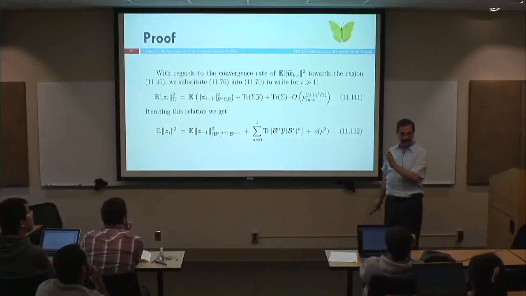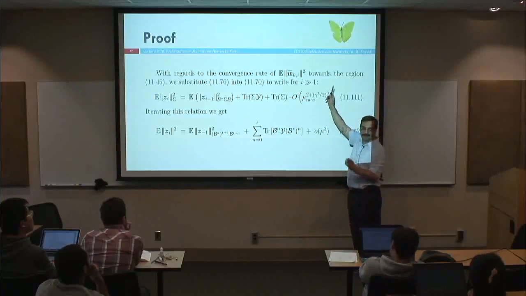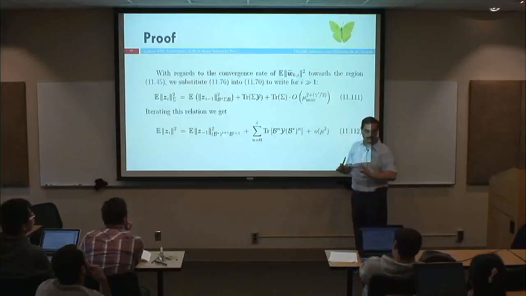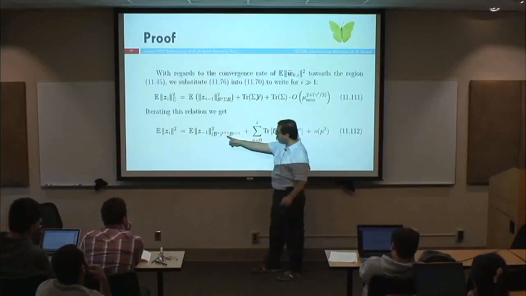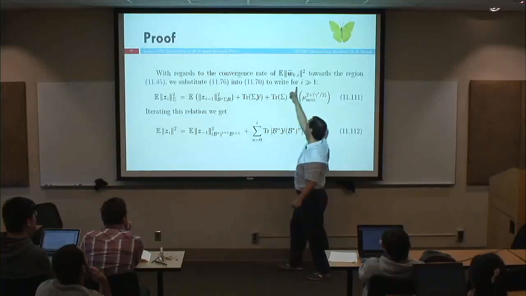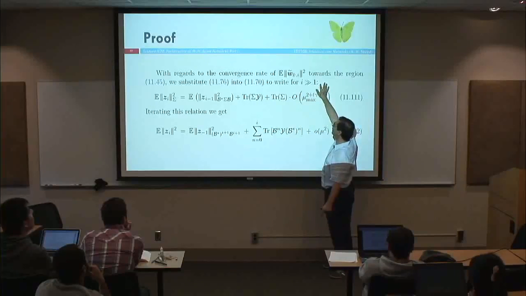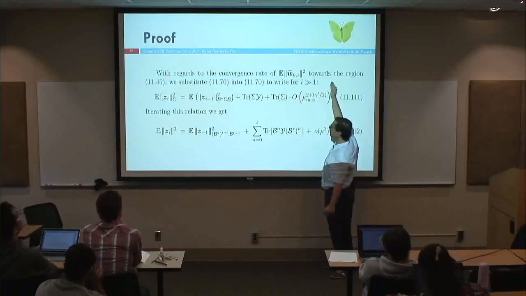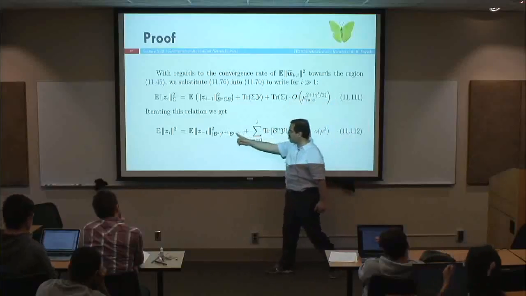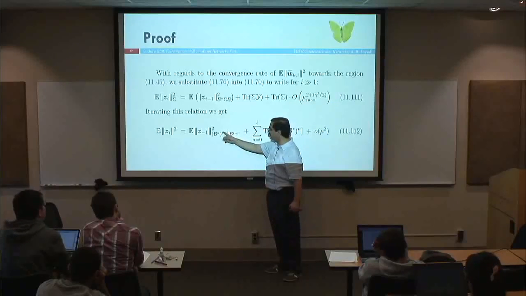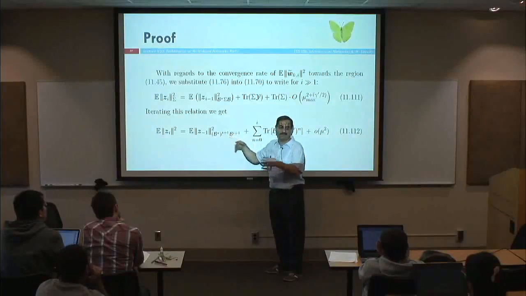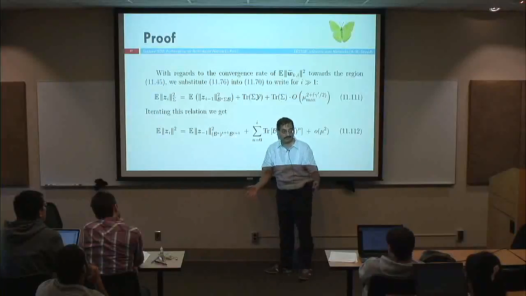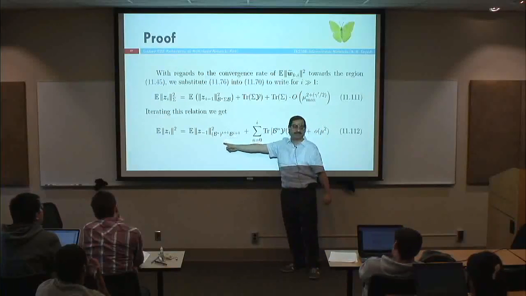I shifted the origin of times to that point, and I'm iterating from that point onwards. So, to be more precise, I should have said i larger than or equal to some capital I here, and then start iterating from capital I onwards. So here you will get powers in terms of little i minus capital I. But what matters is as i goes to infinity, this term will disappear.